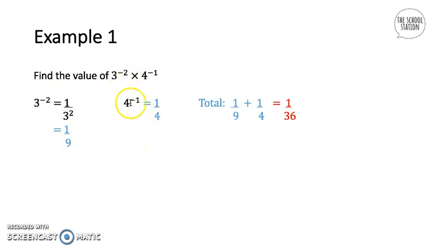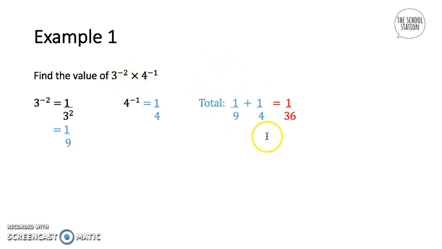Then for 4 to the power of minus 1, you can just do 1 over 4 to the power of 1, which is 1 over 4. And then we simply do 1/9 times 1/4, sorry, I said that wrong, which is equal to 1 over 36.